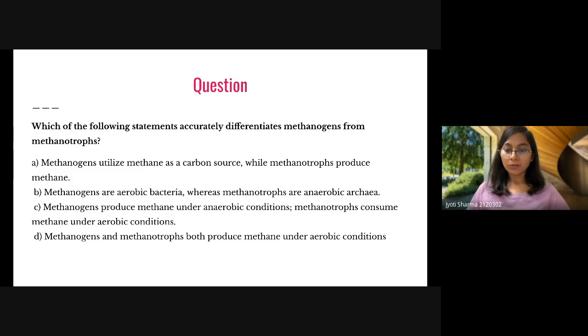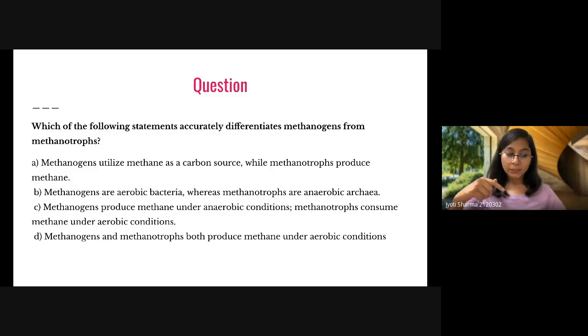One is methanogen and the other is methanotrope, because right now we are talking about the application of microbiology. If you have learned that we can produce methane, or if there is a methane environment, then we have different types of bacteria that can live in that methane environment.